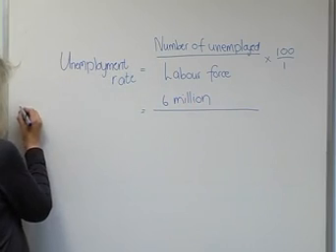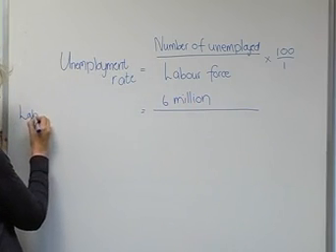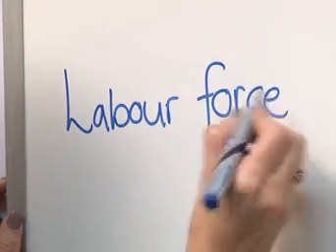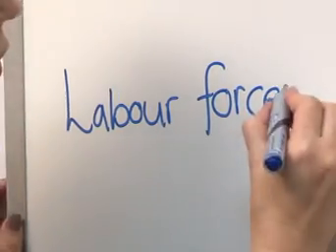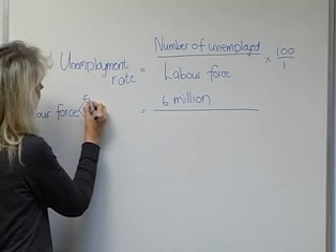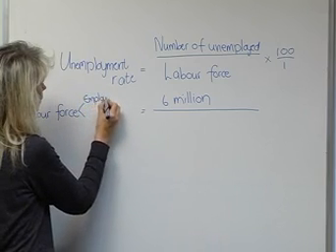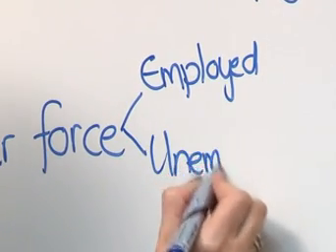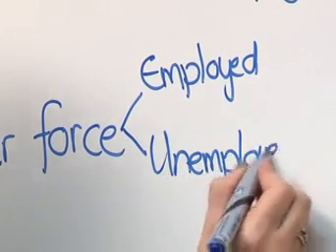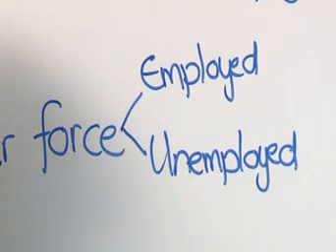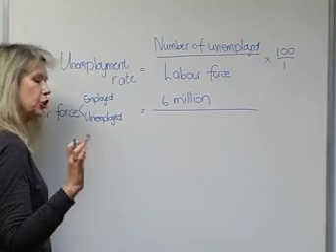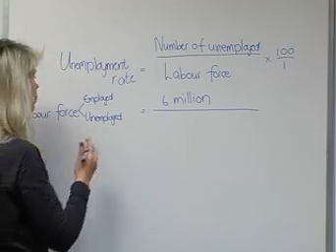Now we know the labor force consists of employed persons plus unemployed persons. That is your total labor force. All the other information, the children and the pensioners, that's just provided to confuse you. You're not going to use that information.